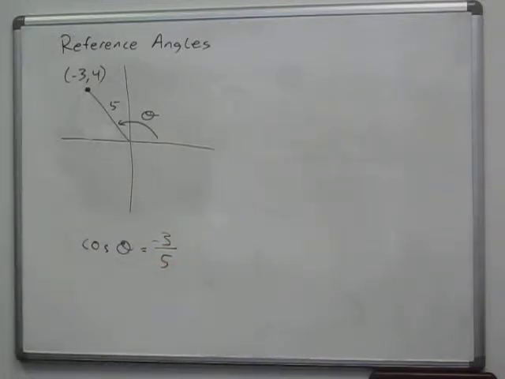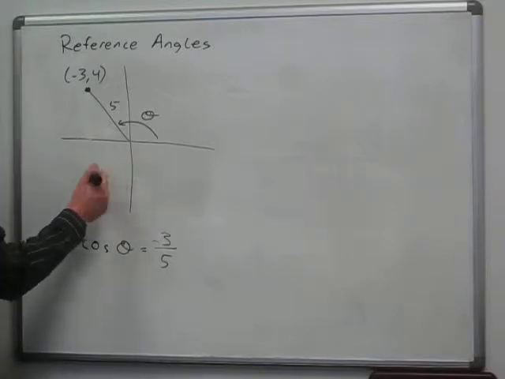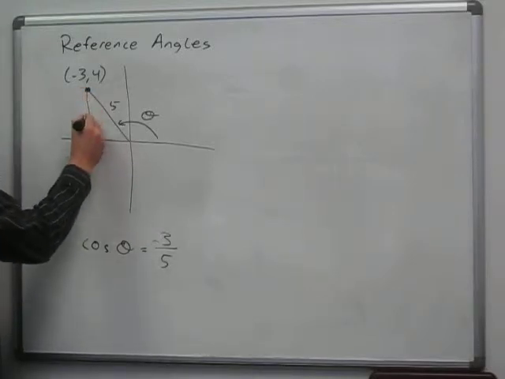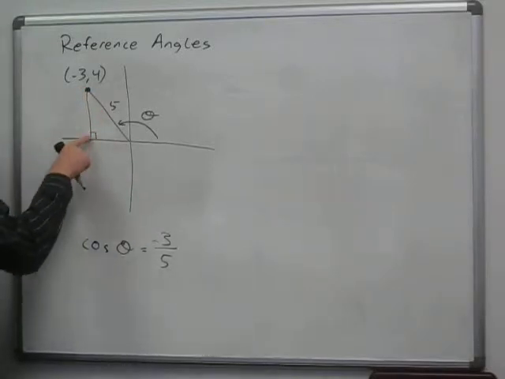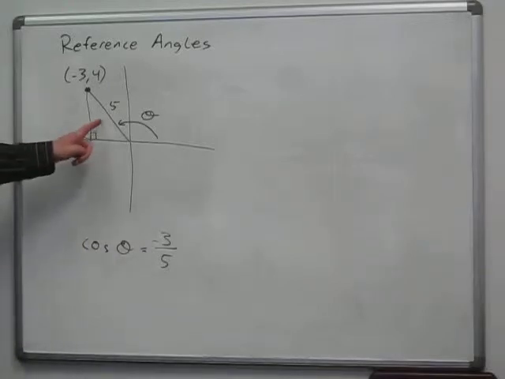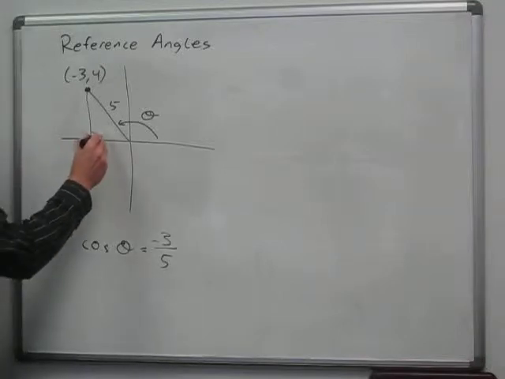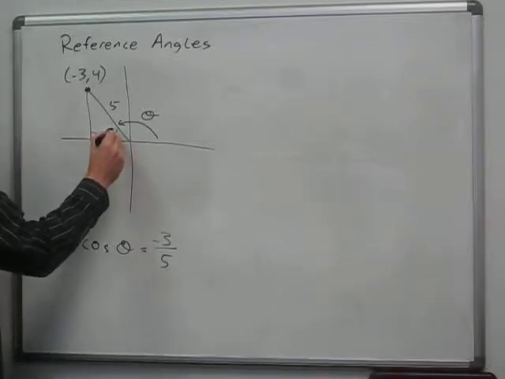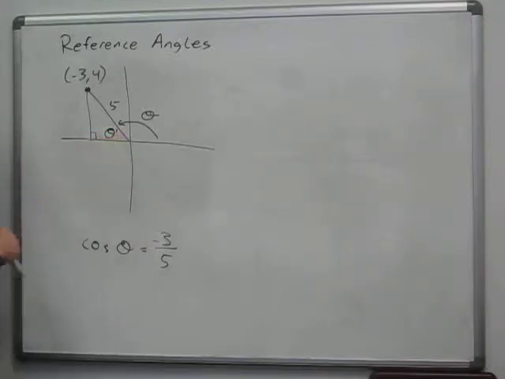But if we look at this picture, and think about the right triangle that is sitting here in quadrant 2, this angle here, called a reference angle, lies somewhere between 0 and 90 degrees.